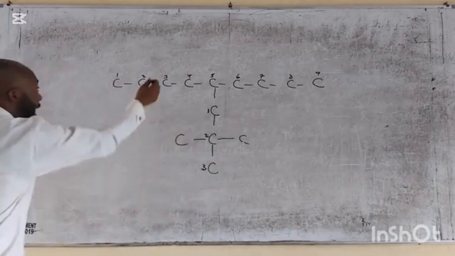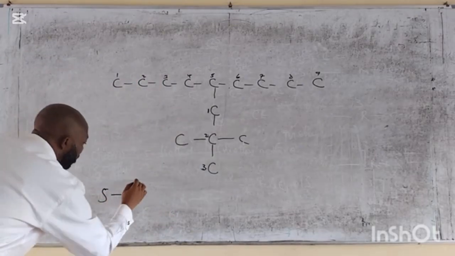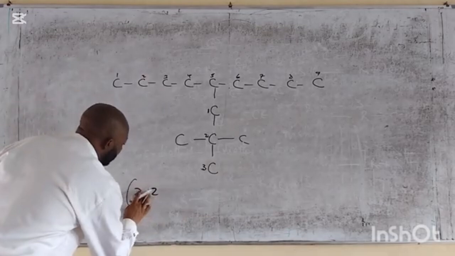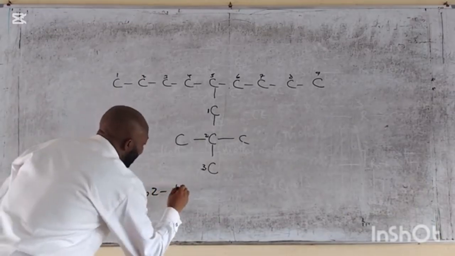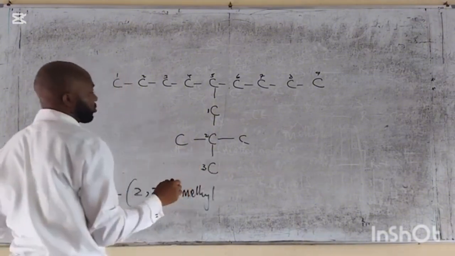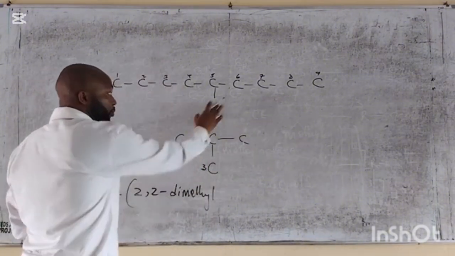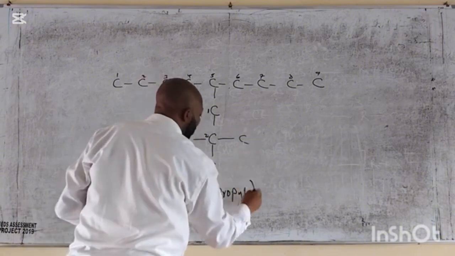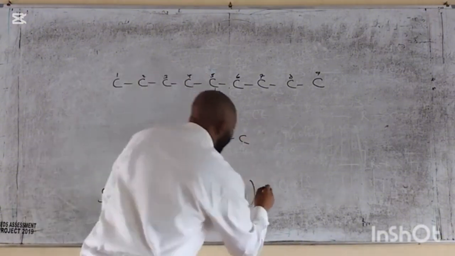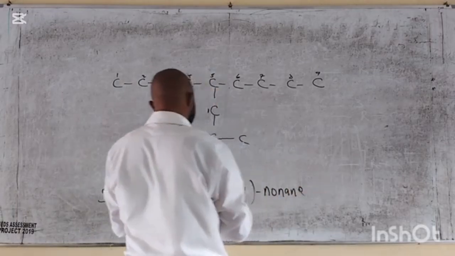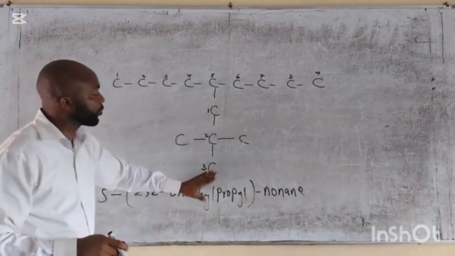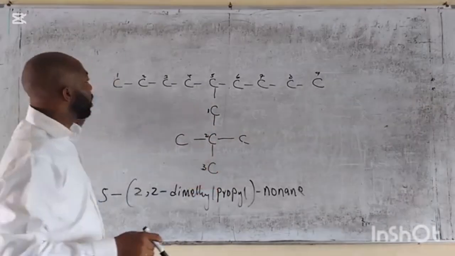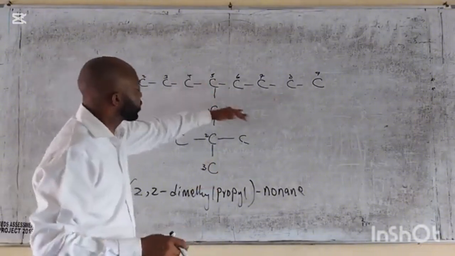So now let's start. In 5, we say 5, open brackets, 2,2-dimethyl propyl, I close my brackets, nonane.